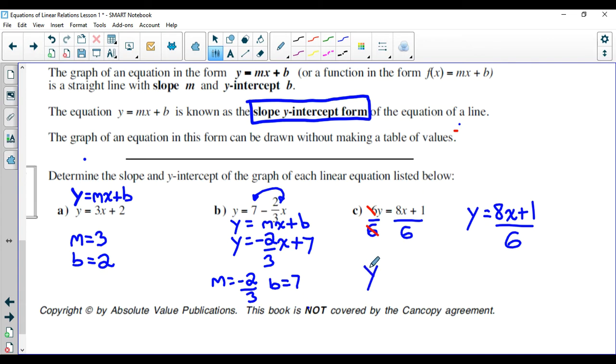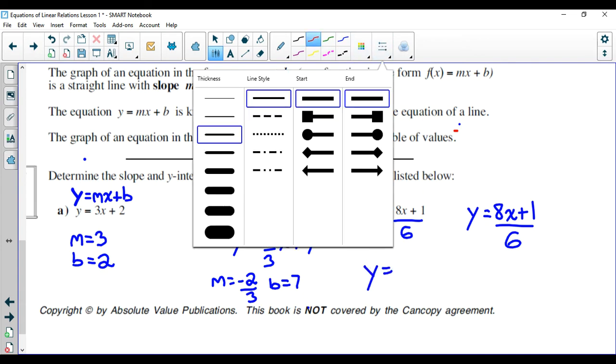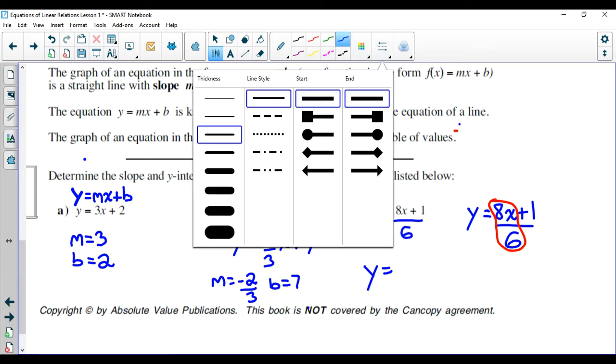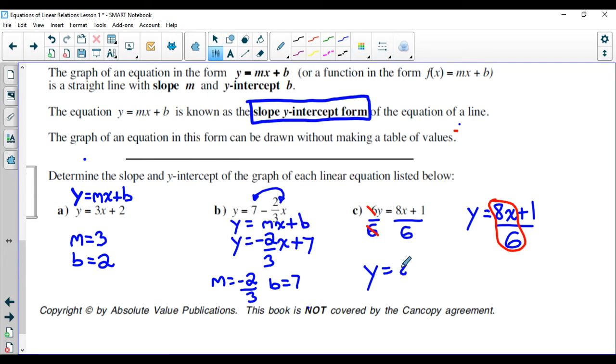Again, we want to write this as two separate fractions now. The first fraction: you take this part of the numerator and divide by the denominator, which gives you 8x over 6.